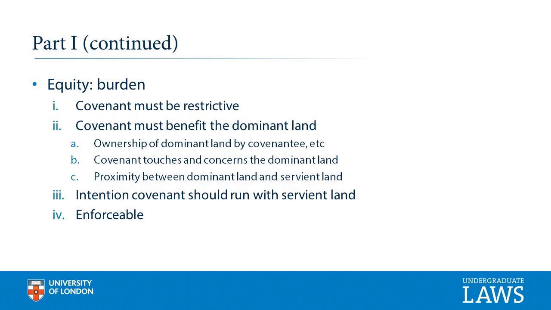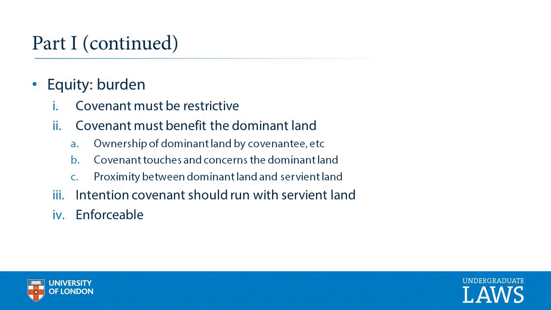So, where the servient land is a registered title, a restrictive covenant can only be enforced against a purchaser of that land if the covenant has been protected by the entry of a notice on the title's charges register, and that is the effect of the Land Registration Act 2002, Section 29.